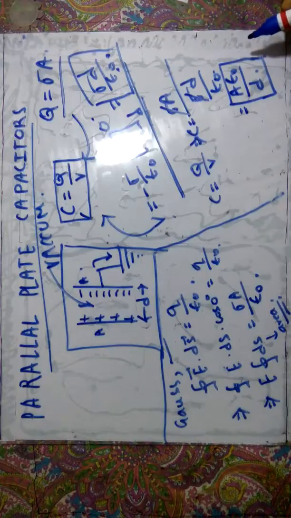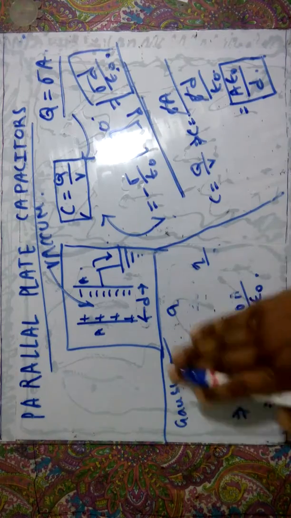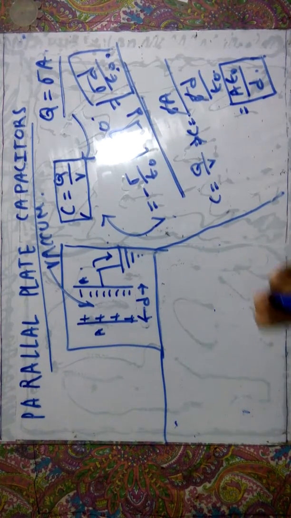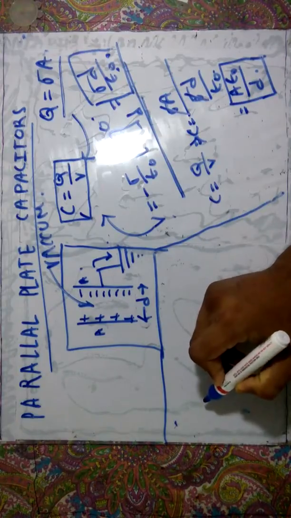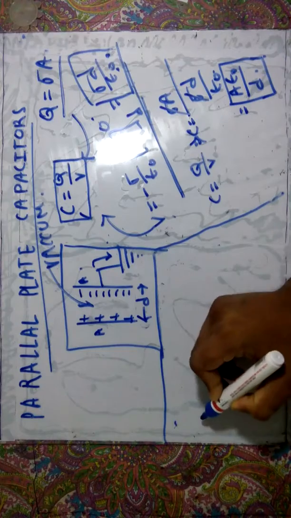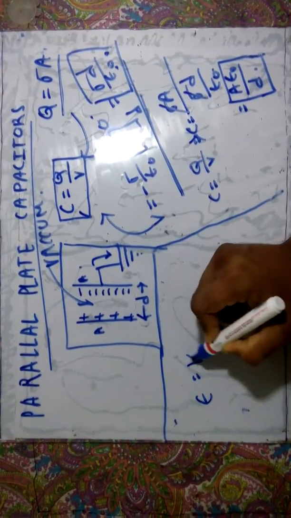We know that the electric permittivity of a vacuum is epsilon 0, and if we have to calculate it for any medium, we have to work with the dielectric constant K. The permittivity of any medium is epsilon equal to K epsilon 0.